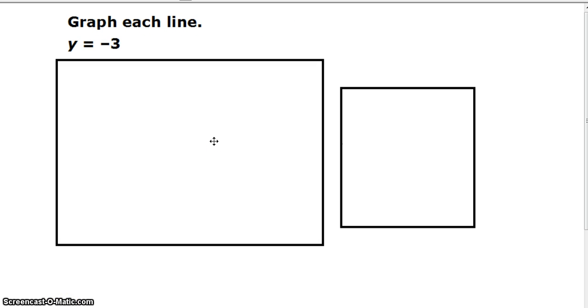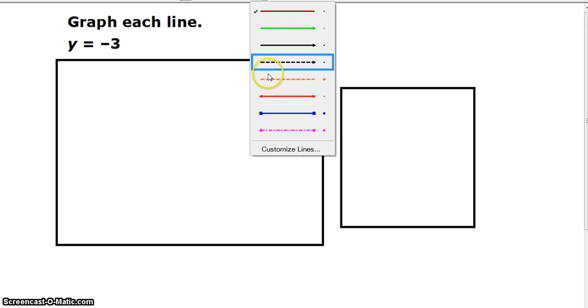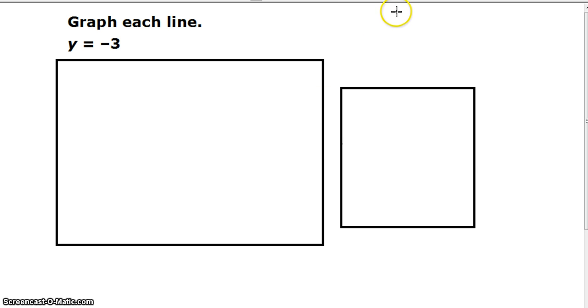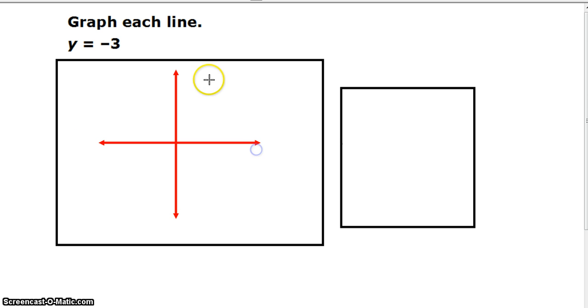Recall graphing a special case line. A line that is y equals -3. Well, in that case, we can begin with just a basic coordinate plane. Let me draw one here. I'm not going to take the time to label this. We know x and y, you would have to plug in your values, right?